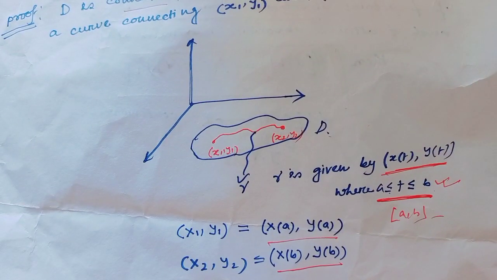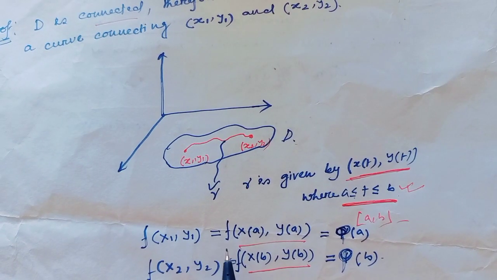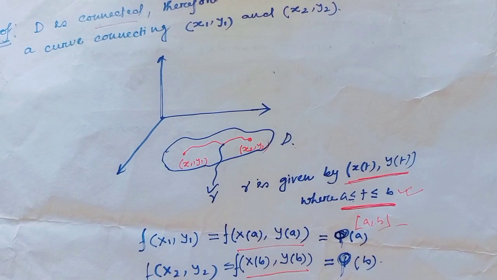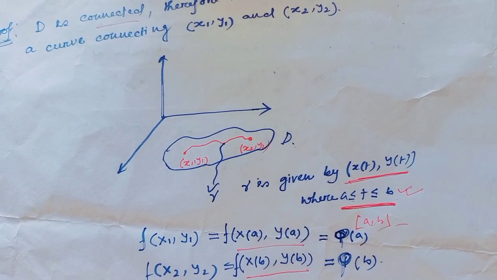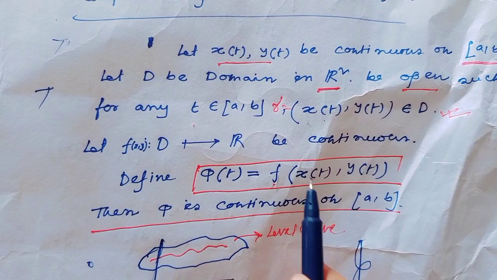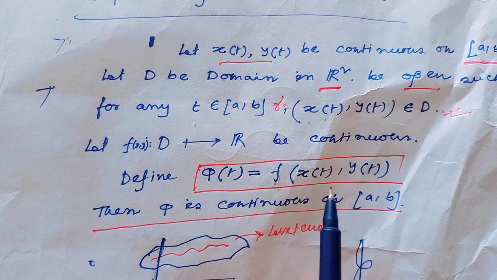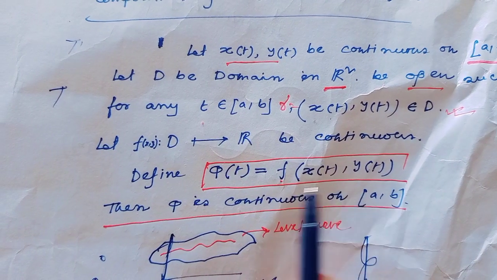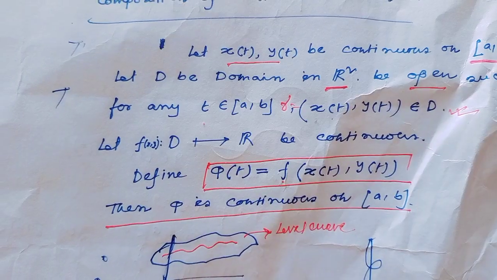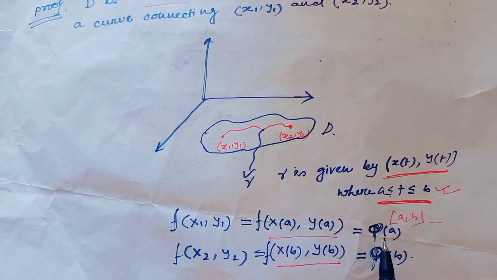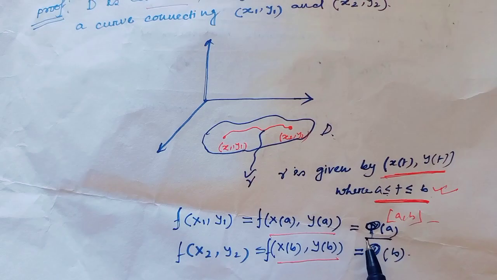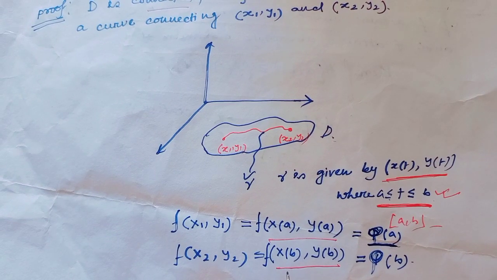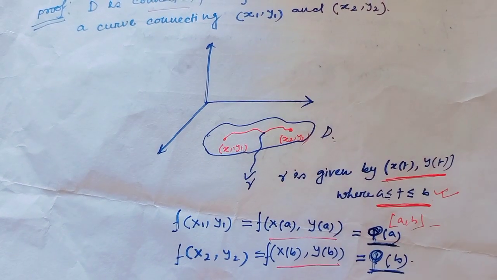Okay, notice the curve. f of (x1, y1) means f of (x(a), y(a)), and f of (x2, y2) means f of (x(b), y(b)). This looks like our previous function. Similar to the previous function, we can define f of (x(t), y(t)) as phi of t. Therefore, f of (x(a), y(a)) means phi of a, where phi is a function in a real variable, and f of (x2, y2) means phi of b.